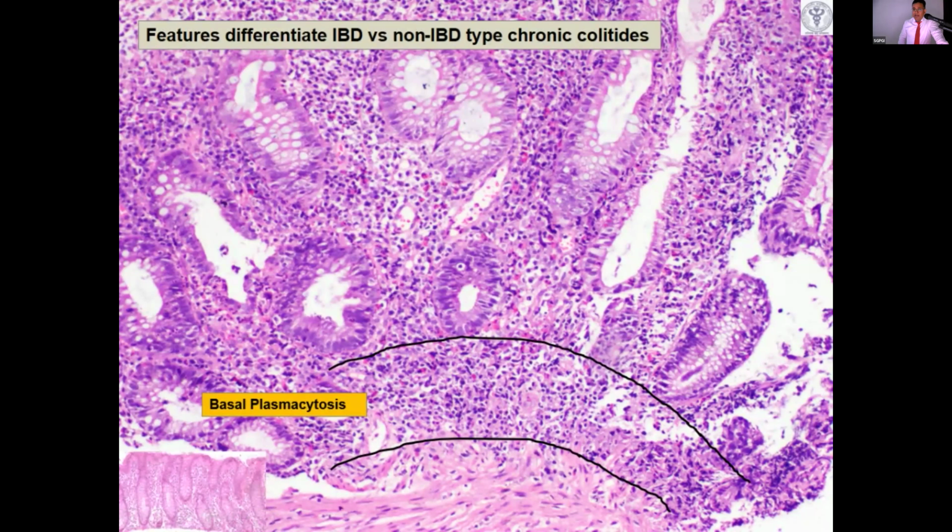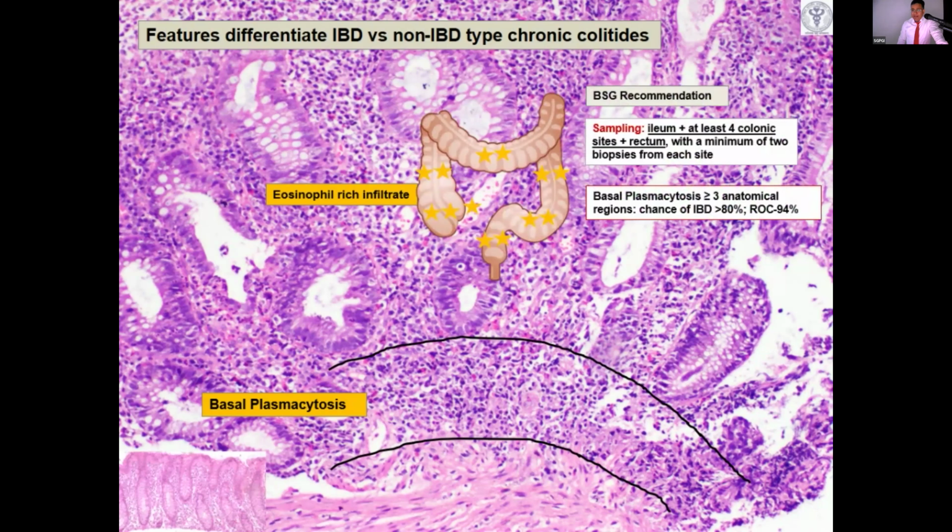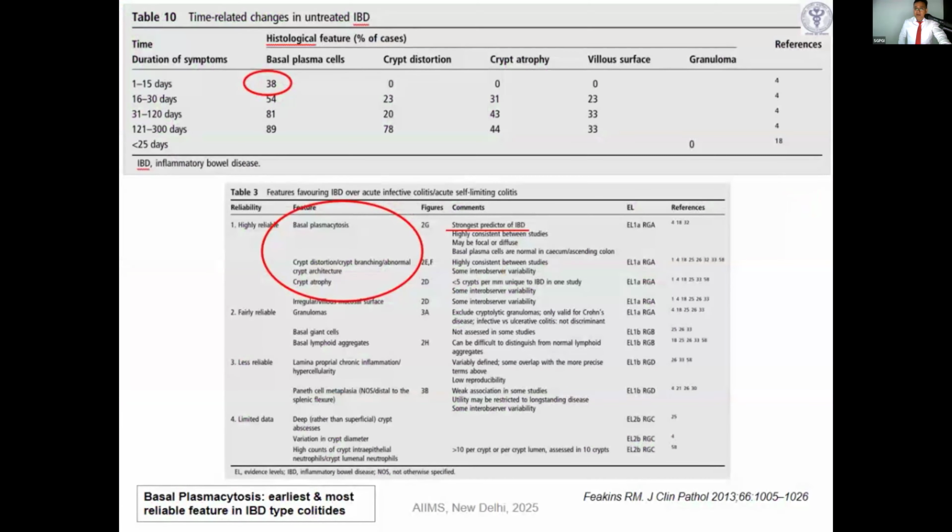If you see eosinophilic cell infiltrate along with background chronic active colitis-like features, these are commonly seen in IBD-like colitis. If segmental biopsies are taken and you see this in 3 or more anatomical sites, then the possibility of UC is very high. In Crohn's we can also see basal plasmacytosis, but that is usually focal or not present.